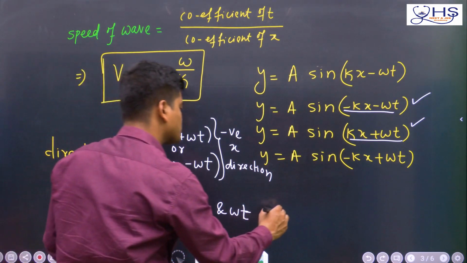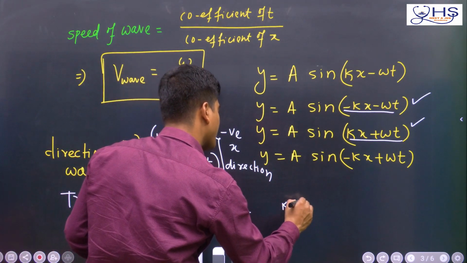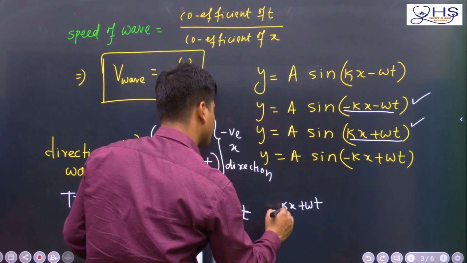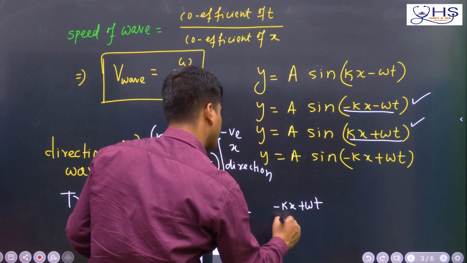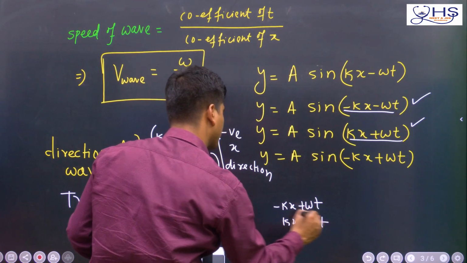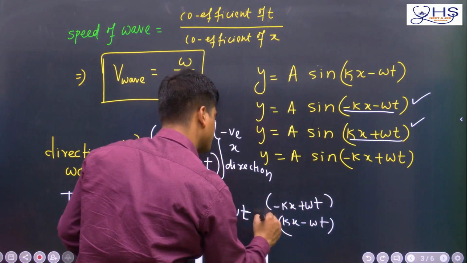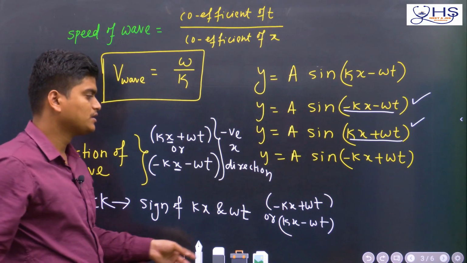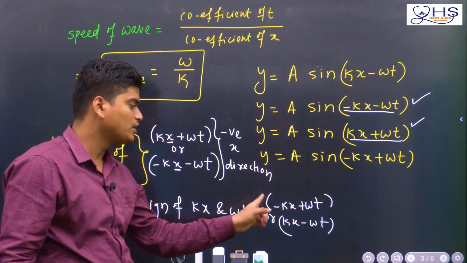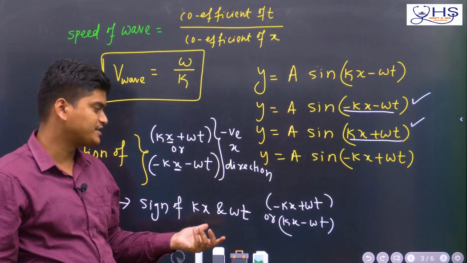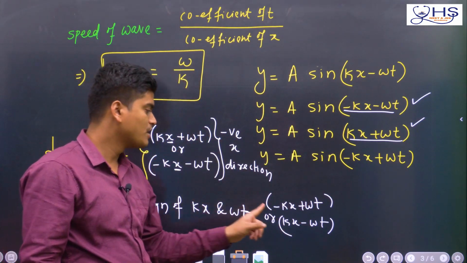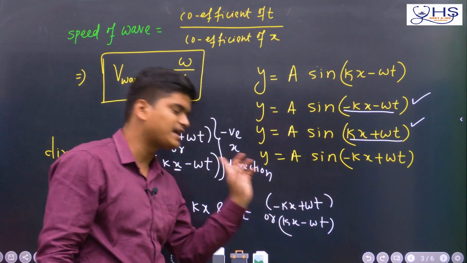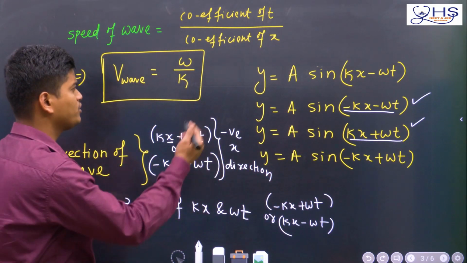Now the second thing comes here. Suppose it is kx plus omega t, or minus kx plus omega t, or kx minus omega t. If you are getting it like this, that means the signs of kx and omega t are opposite in nature. That means if the sign of kx is negative then the sign of omega t is positive, and if the sign of kx is positive then the sign of omega t is negative. And you always know, right?